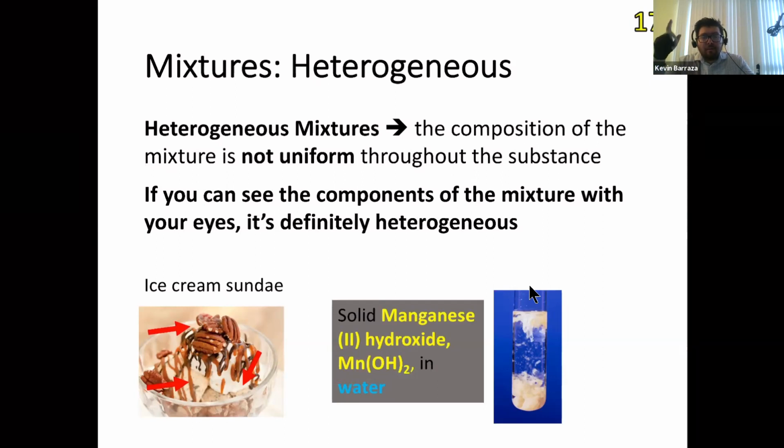So even though the substance in my cup is a liquid, it is not a pure liquid, it is a mixture. And because I can see the two layers, it is a heterogeneous mixture. So that's another good example, oil and water. They don't mix together. I can see the parts. So that would be an example of a heterogeneous mixture.